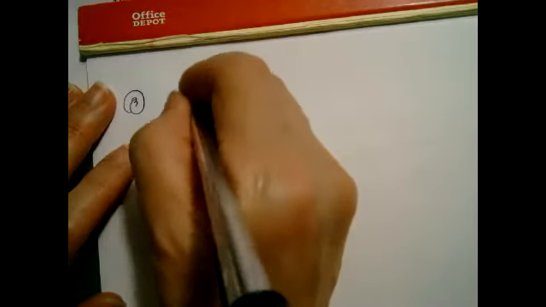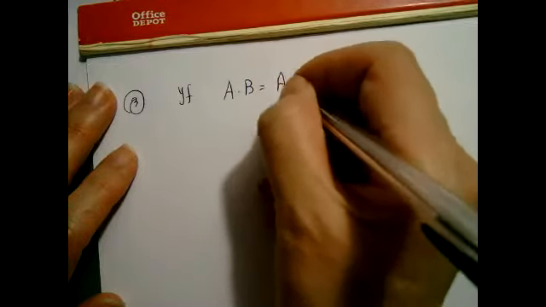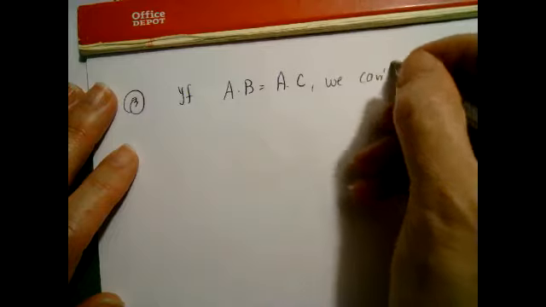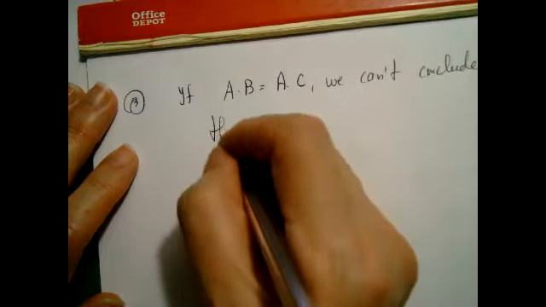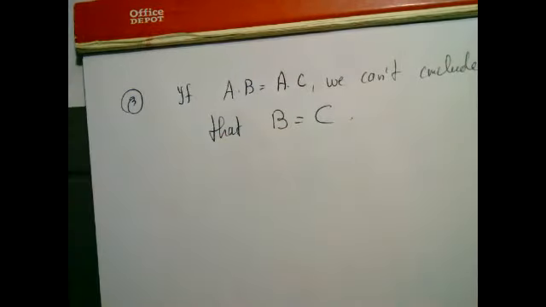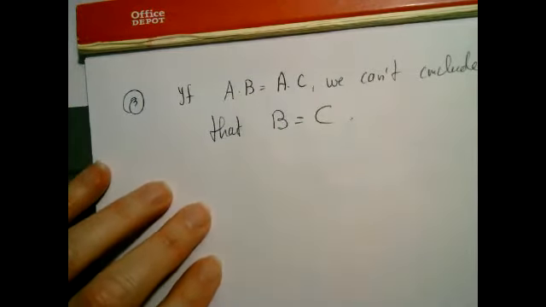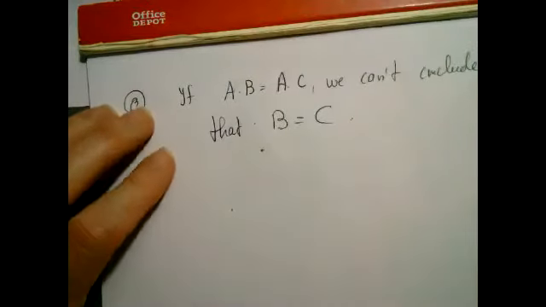If AB equals A times C, so it's the same matrix, we cannot conclude that B is equal to C. So we cannot cancel matrices like we do for numbers. This operation does not exist for matrices. We cannot simplify matrices this way.